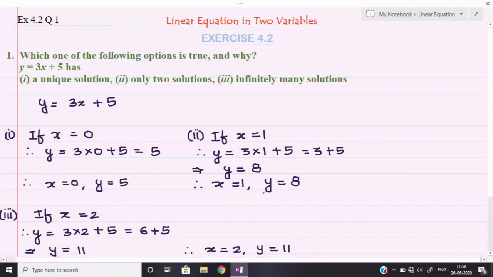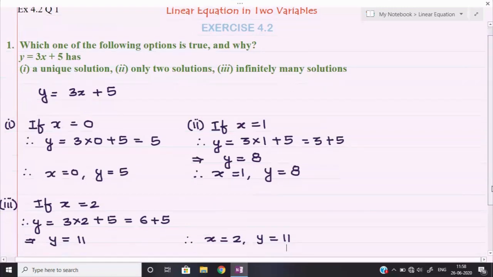Okay, so here we'll write down the concluding line now.